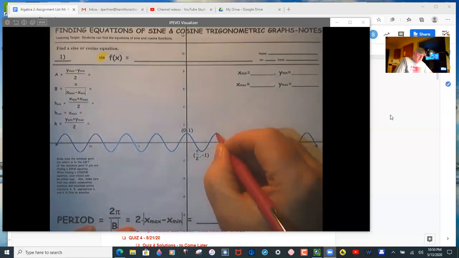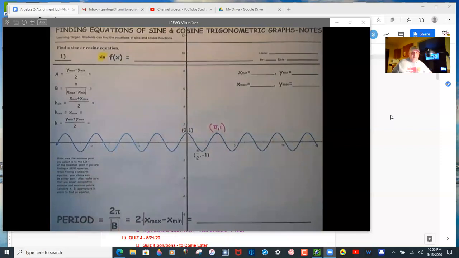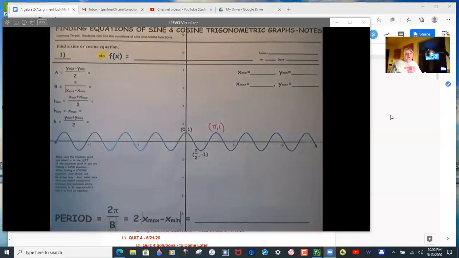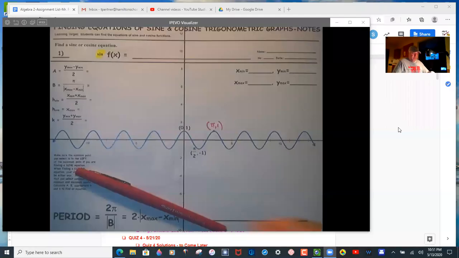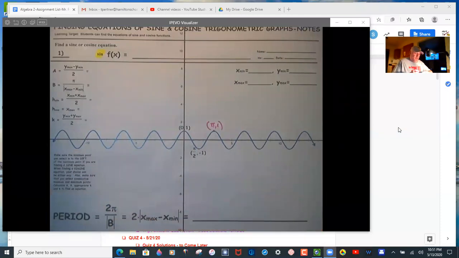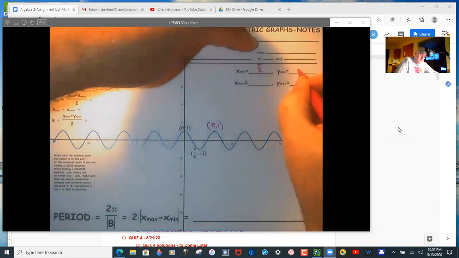So I need to write this point down. This will be pi, 1. Now, why did I pick that? Because we need the minimum to be to the left of the maximum. So pi over 2, negative 1 is the x min, y min, and I'm going to write them in up here.